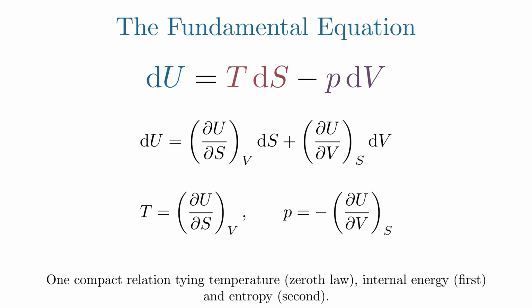By comparing the coefficients, we have P = −(∂U/∂V) at constant S, and T = (∂U/∂S) at constant V. This relation is a compact expression relating temperature, which is a zeroth law concept, internal energy, a first law concept, and entropy, a second law concept, which is quite neat.